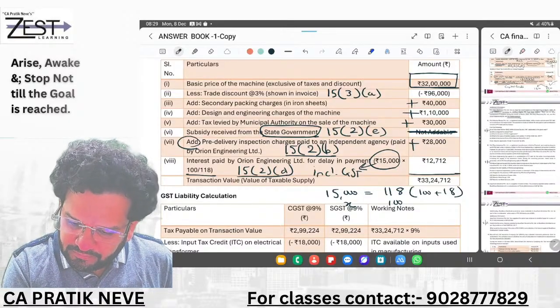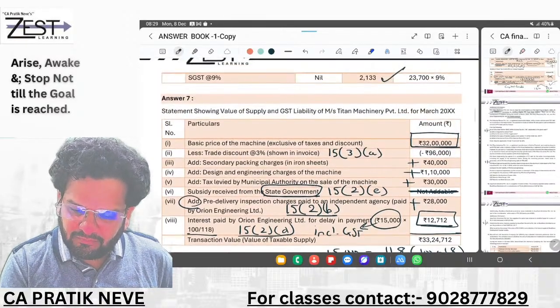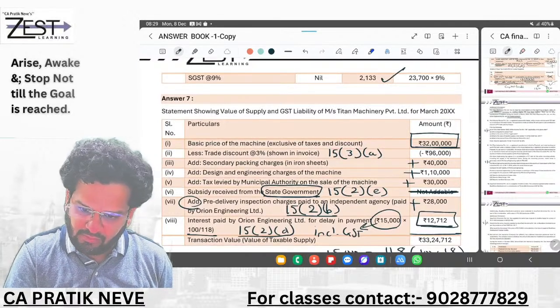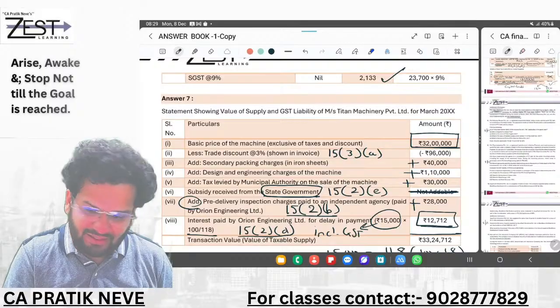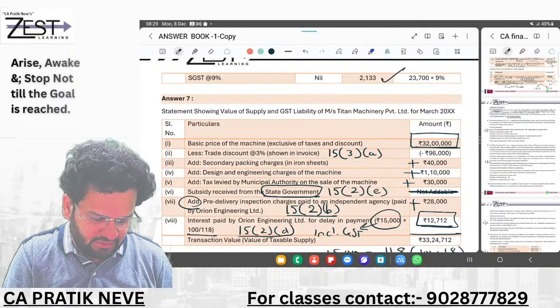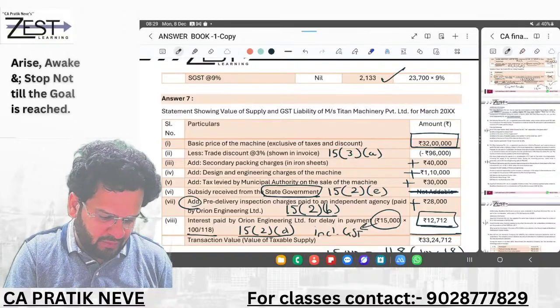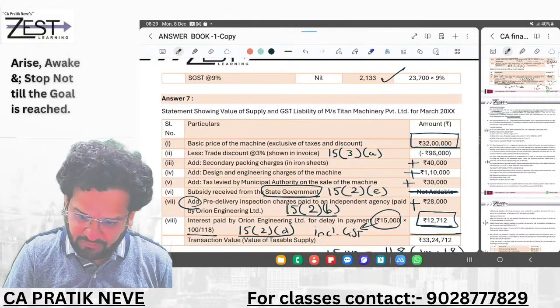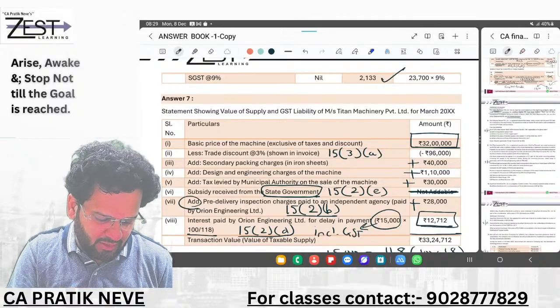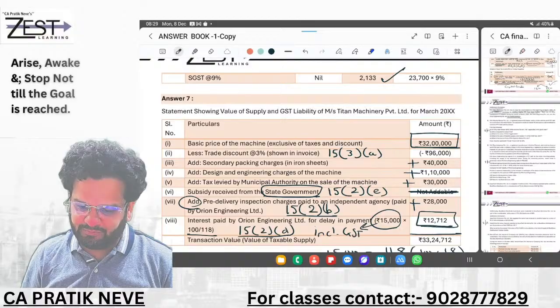So 12,712. This way, take on your calculator 32 lakhs minus discount of 96,000 plus 40,000 plus 1,10,000 plus 30,000 plus 28,000 minus 12,712.